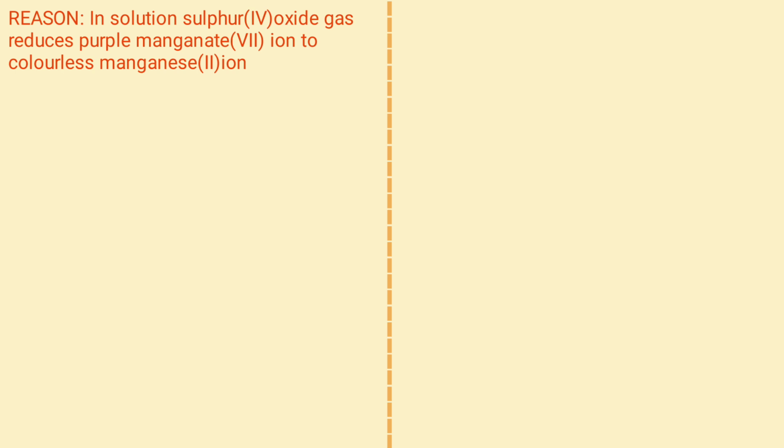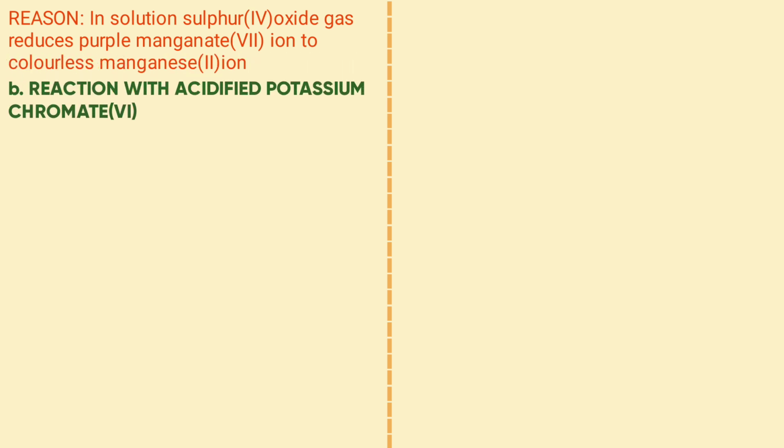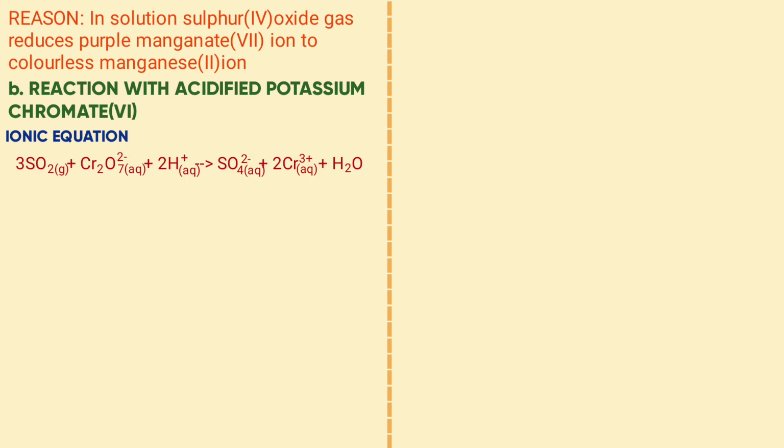Now, example 2 is the reaction with acidified potassium dichromate 6. The ionic equation is 3 sulfur dioxide plus dichromate 6 ion plus 2 hydrogen ion, arrow 3 sulfate ion plus 2 chromium 3 ion plus water.